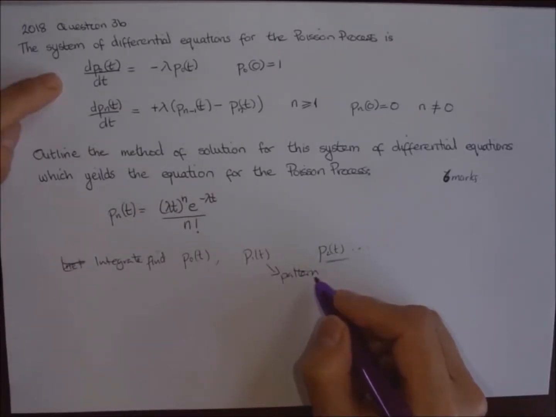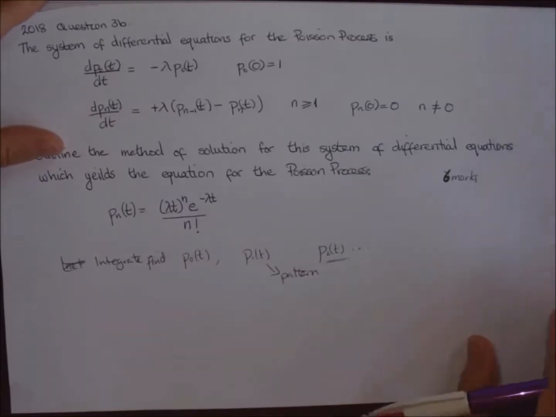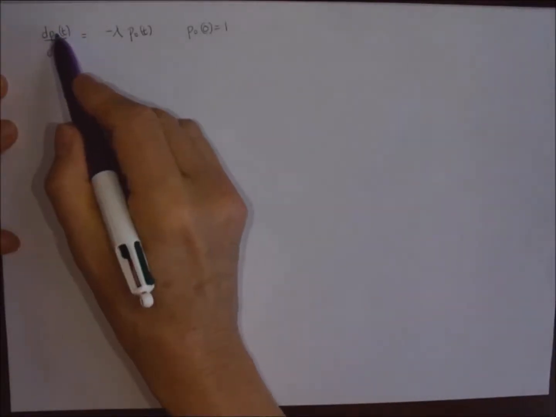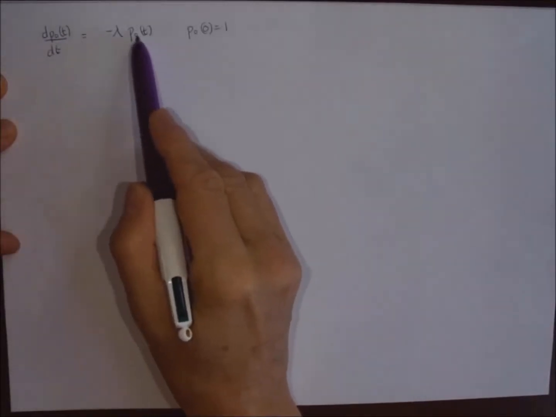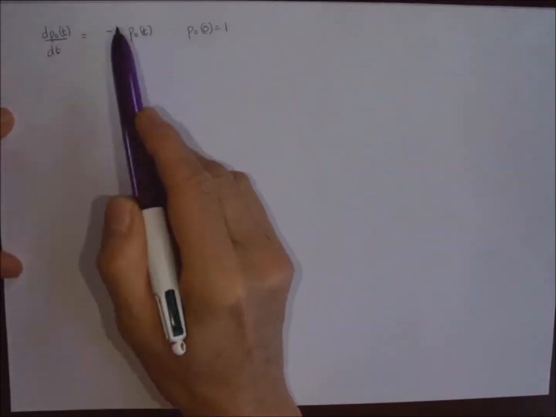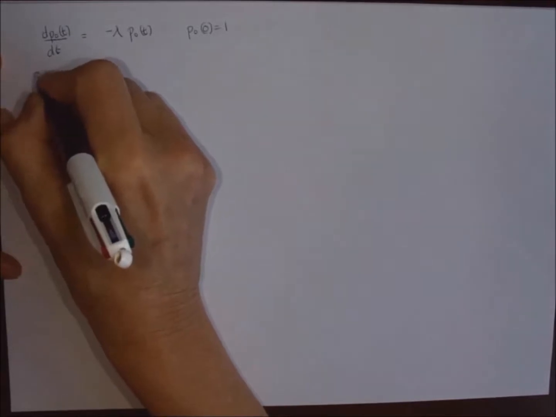Okay, so for the first part we're going to integrate dp0(t)/dt equals minus lambda p0(t). This type of integration you did last year, and it's called separation of variables. You could imagine that p0(t) is like an x, and it could be dx/dt equals minus lambda times x.